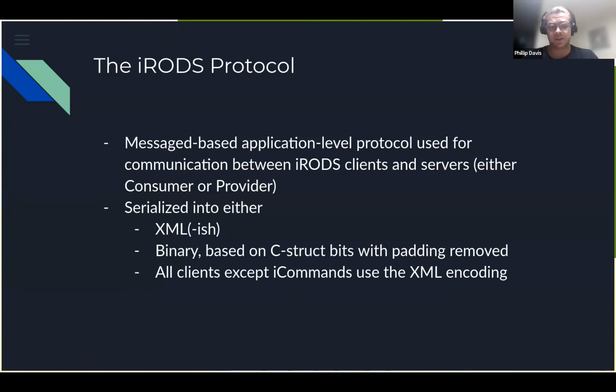There are different serialization schemes for this protocol. They both have the same underlying objects, but you can serialize it into either this XML flavored format that iRODS understands, or you can use the binary version of it, which is based on taking C structs at the bit level, removing the padding that C introduces to send those messages, and then reintroducing the padding to interpret them as C objects, or structs rather, on the receiving end.